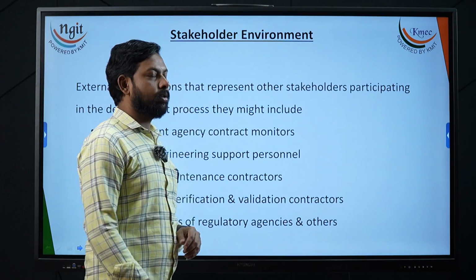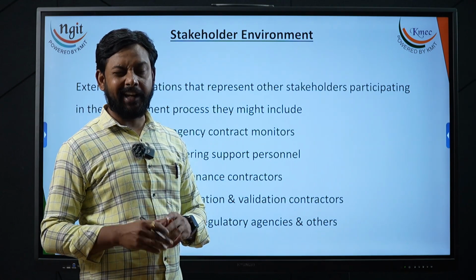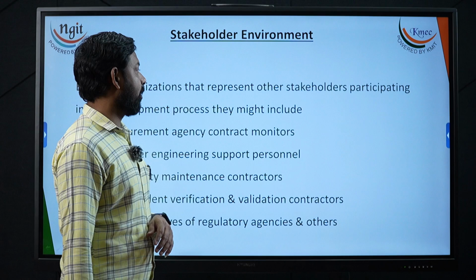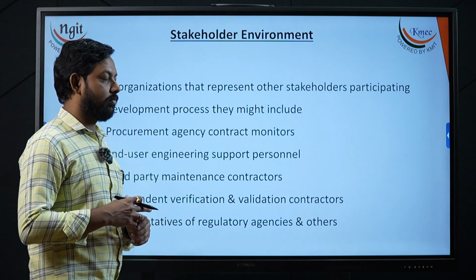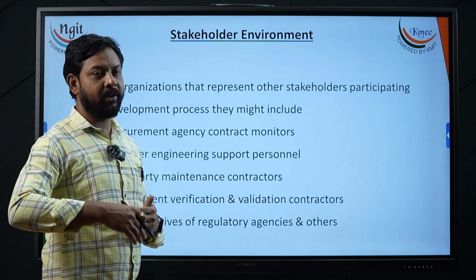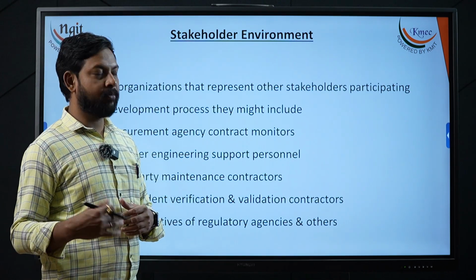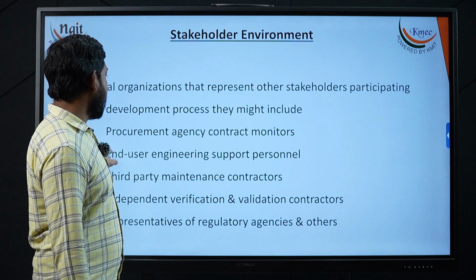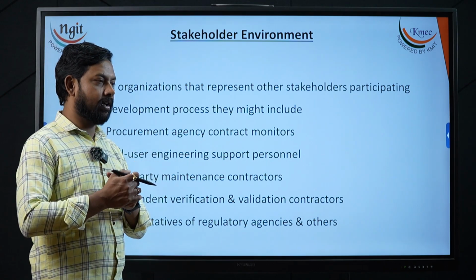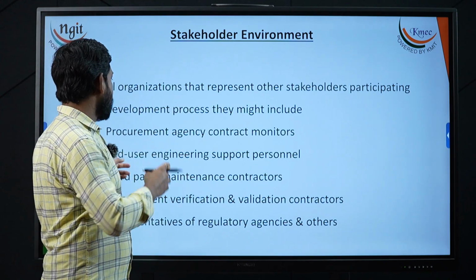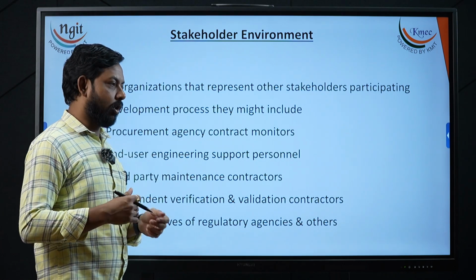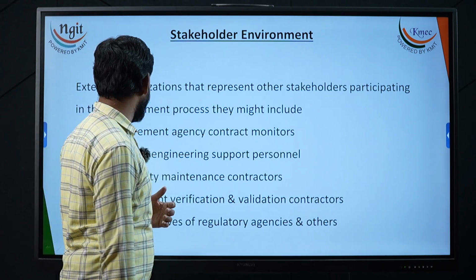So this is going to represent the different external stakeholders that are included in your project, and these external stakeholders can be included in order to monitor or perform some specific operations. Like there can be external stakeholders who monitor the procurement related information.